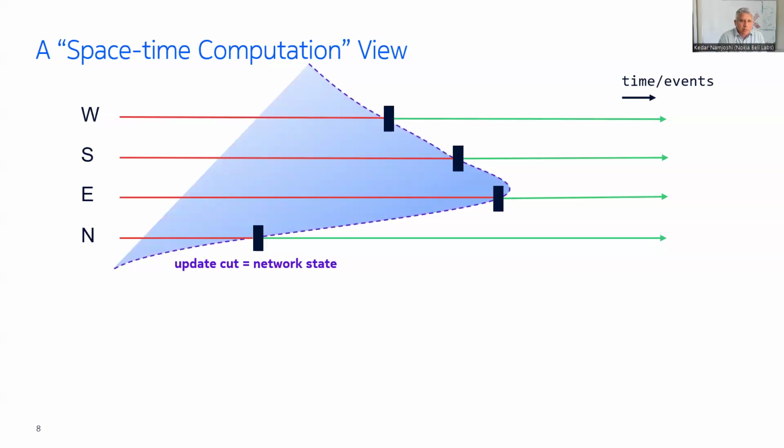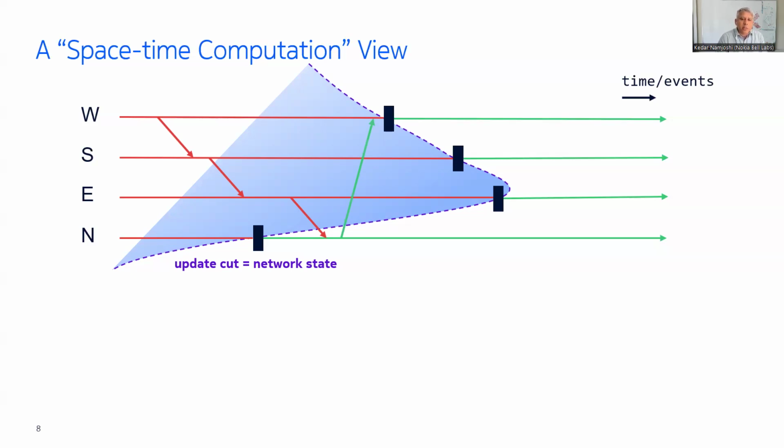Now let's see what happens. So we send the packet from west to south. I'm just replaying the original execution. The packet moves from south to east. So far, everything is good. And now we see the packet moves from east to north. It crosses the cut from left to right because the north node is already updated. Now the north node forwards the packet to west, closing the loop.